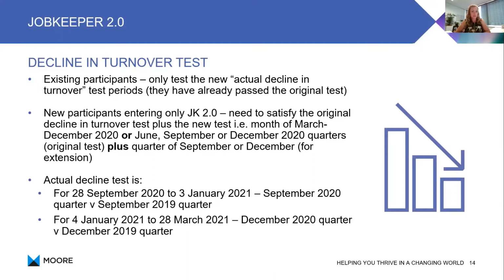If you're already in JobKeeper and you fall out for this first tranche of the extension, you may retest and come back in for the second tranche, essentially without doing a whole lot of paperwork. Okay? So just because you fall out of one of these next two periods doesn't mean you don't get the next one and vice versa. Just because you get one doesn't mean you get the second. It requires a retest for each one.